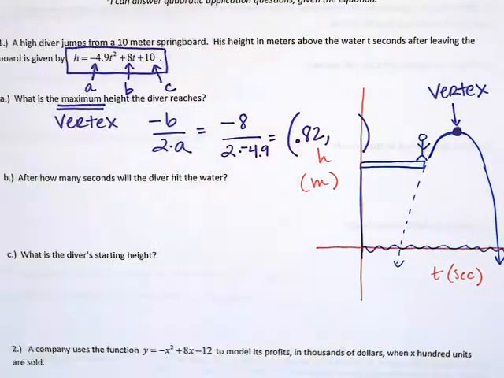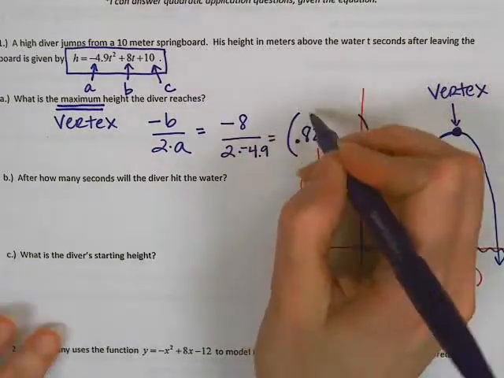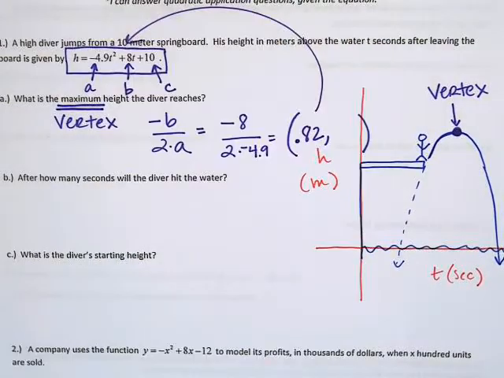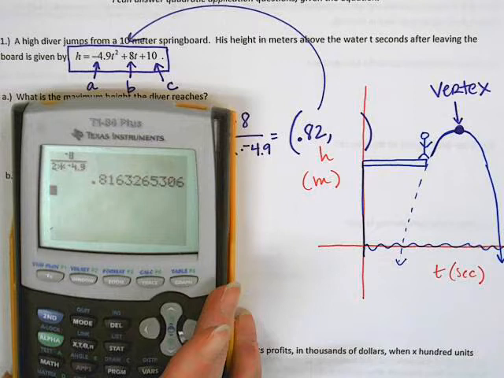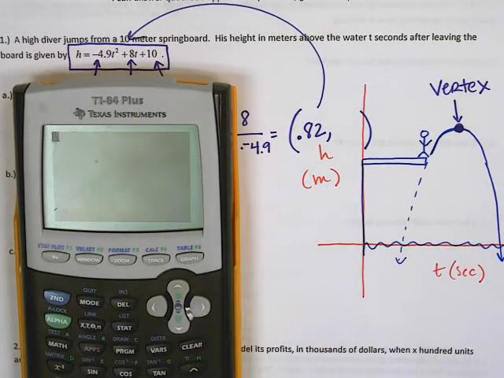But they want to know the actual maximum height, so we have to plug this back into all the t's. Take 0.82 and plug it into all the t's. So it's negative 4.9 times 0.82 squared plus 8 times 0.82 plus 10.